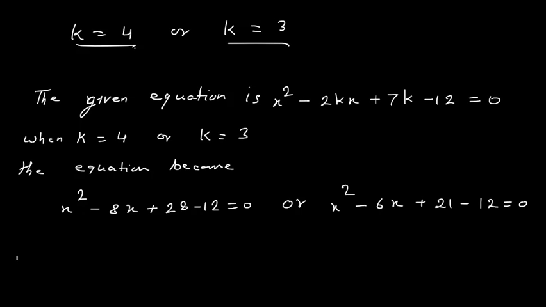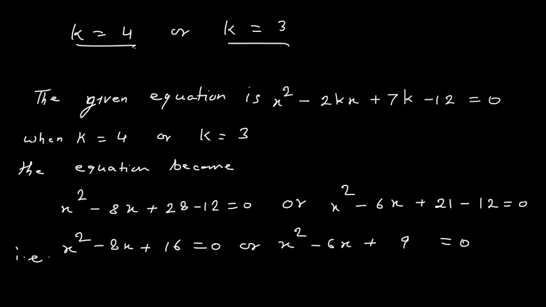So we can say that x square minus 8x plus 16 is 0. And for 3, 21 minus 12 is 9, so we get the equation x square minus 6x plus 9 is equal to 0.